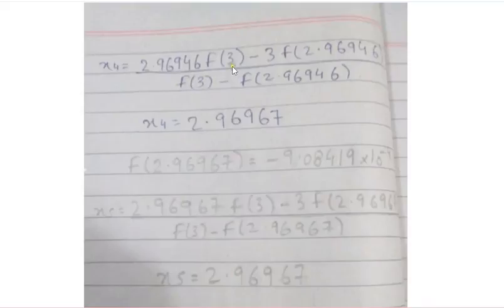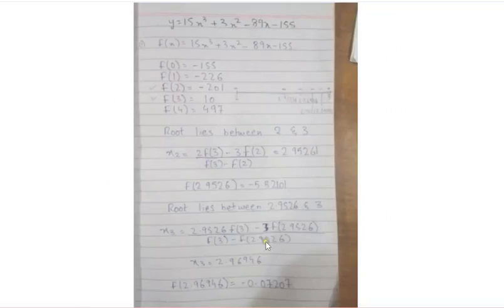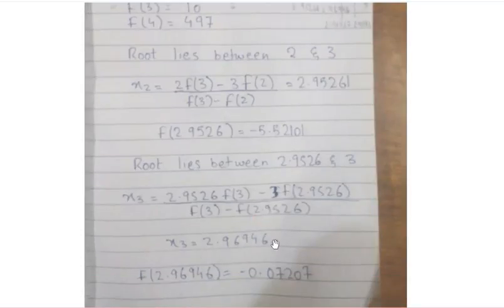Again, by substituting the values of f of 3 and f of 2.96946, we will get our answer for x4, which is 2.96967.